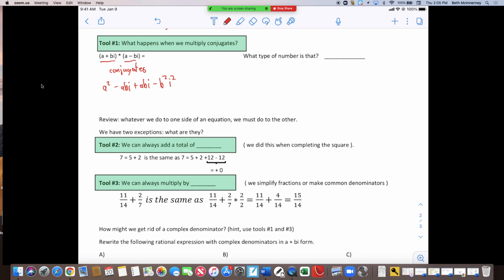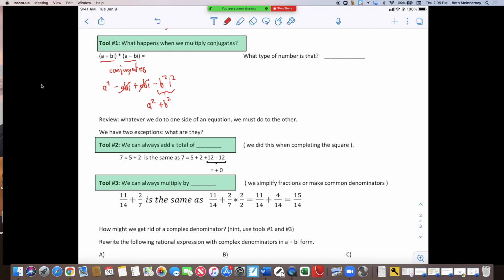And what is i squared? i squared is negative 1. And so this term is going to become plus b squared. And what do you see about these two middle terms? They're opposites. So they're going to cancel each other out, for a net of 0. So we're going to be left with a squared plus b squared.